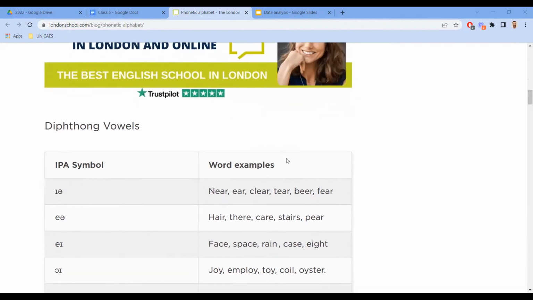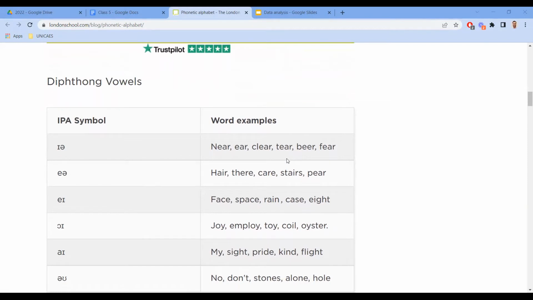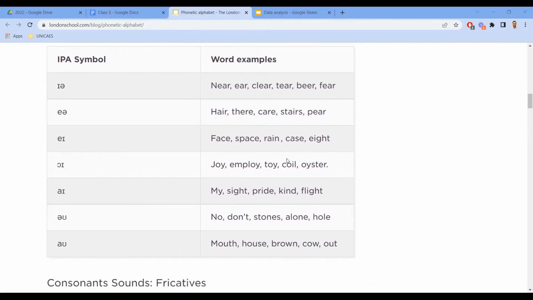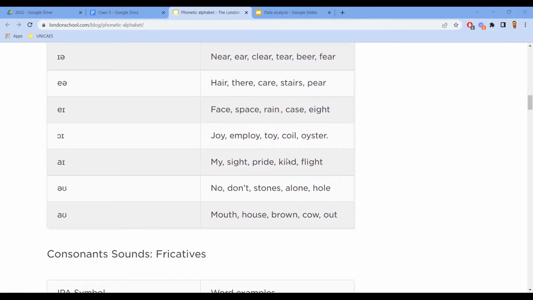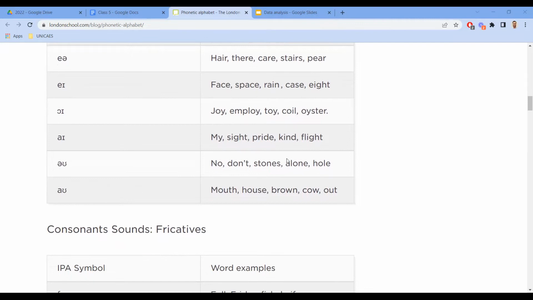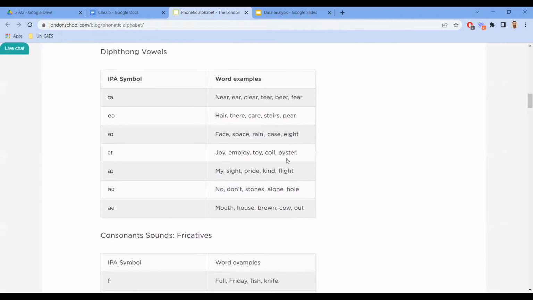So you can study the diphthongs, like ear, the diphthong of the e and the schwa, near, ear, etc. Then we have the diphthongs for the e and the schwa, the a, the oi, the I, the o, the ow. Yep.